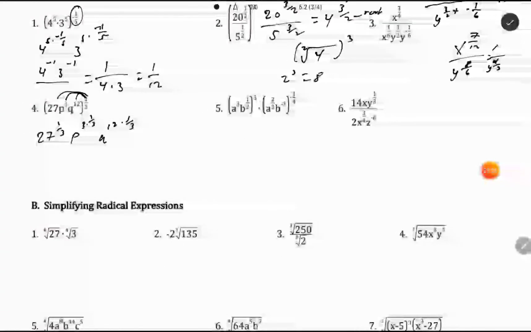So 27 to the 1/3 power is the same as the cube root of 27, which is 3. 3 times 1/3 is p to the 1st. And then 1/3 of 12 is 4, so q to the 4th. So my final answer is 3pq to the 4th. Number 5.